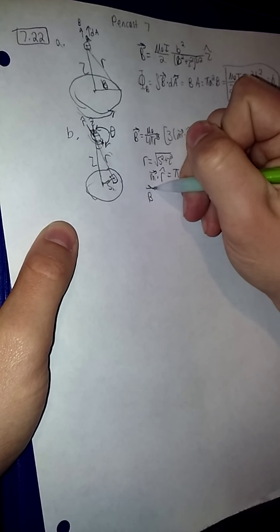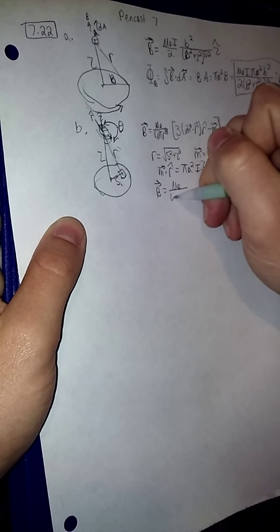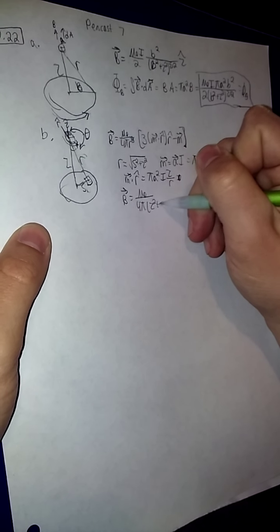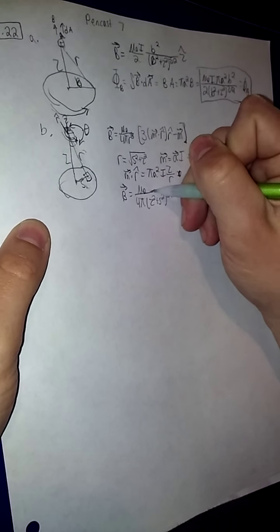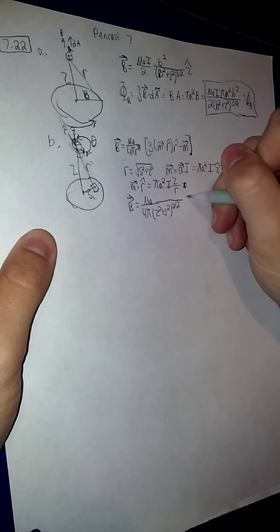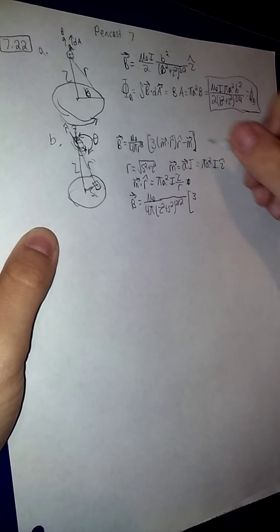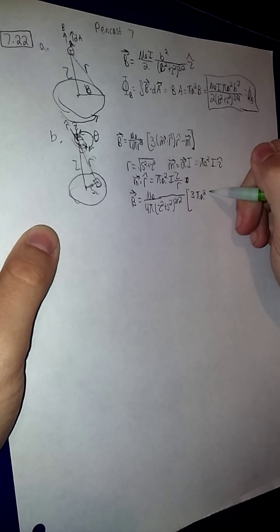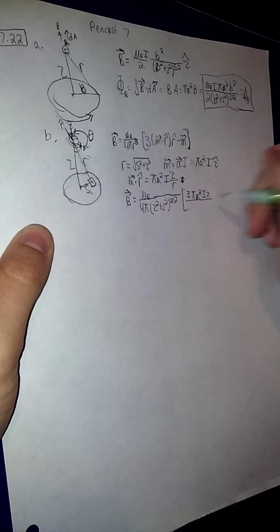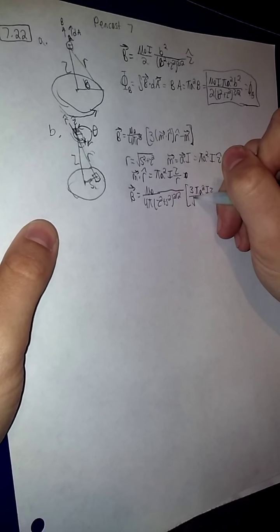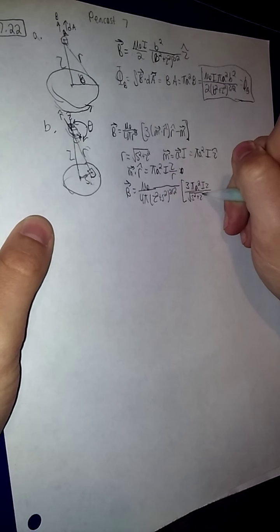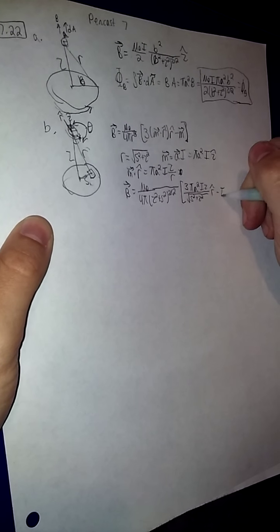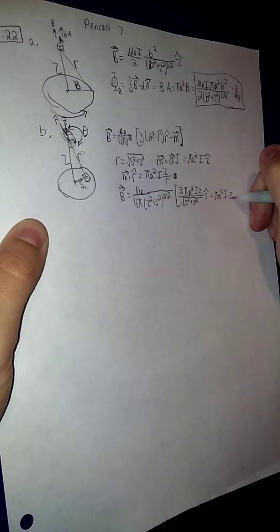So B equals mu naught over 4 pi r cubed, or z squared plus s squared to the 3/2. We have our 3, then m dotted with r hat, which is pi a squared I z over the square root of s squared plus z squared, in the r hat direction, minus m, which is pi a squared I in the z hat.